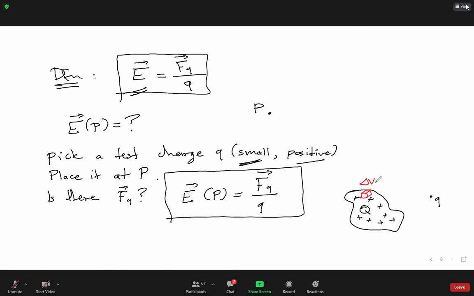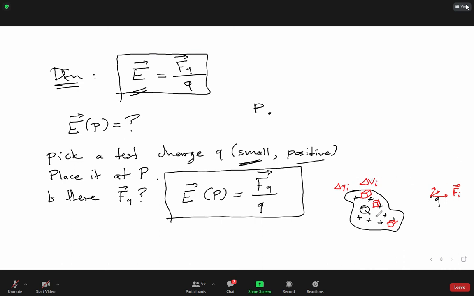A little volume delta V sub i, which will include a charge delta Q sub i. You can find the force from this, thinking of it as a point charge. Then you can go to the next one, do the same thing, go to the next one, do the same thing, and so forth, and add all that stuff up. As you can imagine, that is not easy, right?